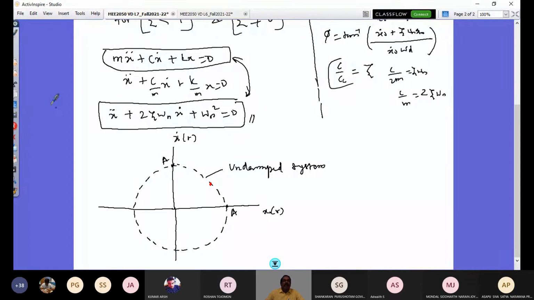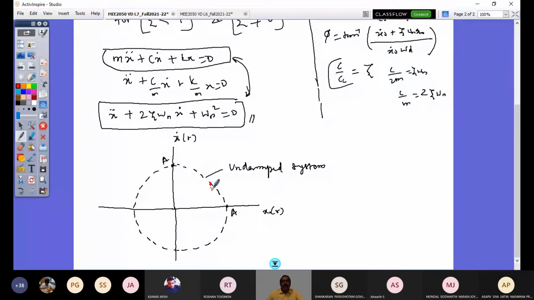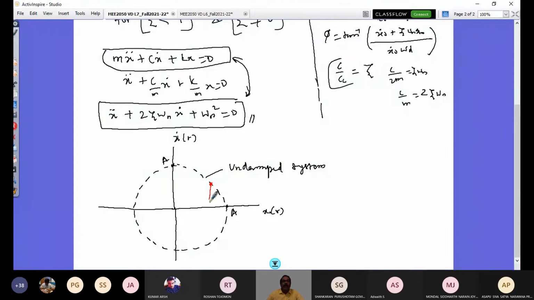Now for a damped system, this amplitude would be decreasing exponentially, and that could be represented something like this in a cycle. One circle represents 2 pi, one cycle. So the amplitude that was there at A is reducing and it is going to be 0 at a point of time when it is a damped system, and that is also an underdamped system.